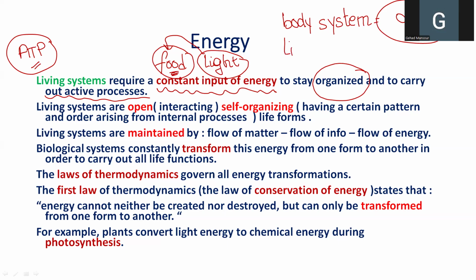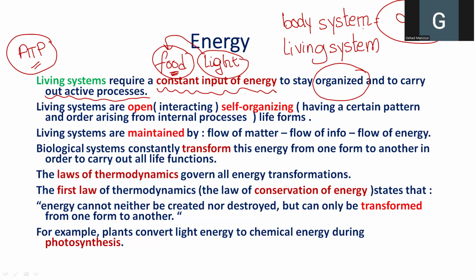But when we say a living system, as we said before, it is a space that is surrounded by a certain boundary, not necessarily a wall, but a boundary, whether it is a membrane or a wall or whatever else. So the word living system can apply to the whole human body, for example.